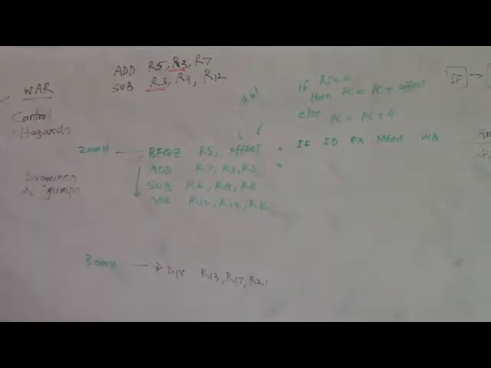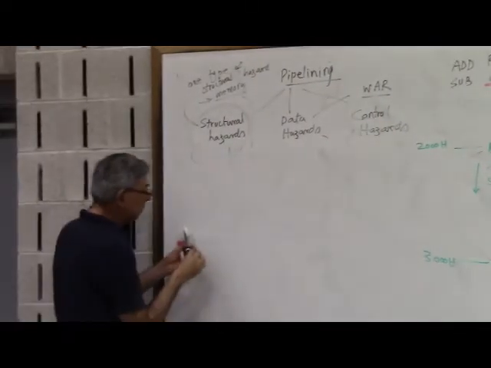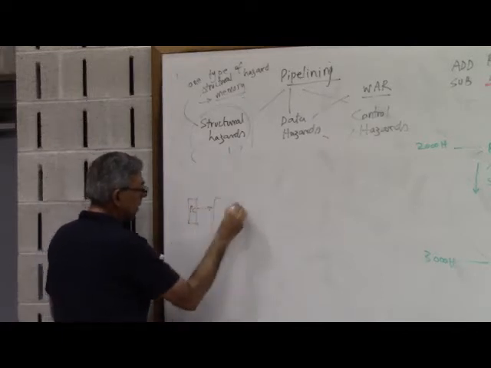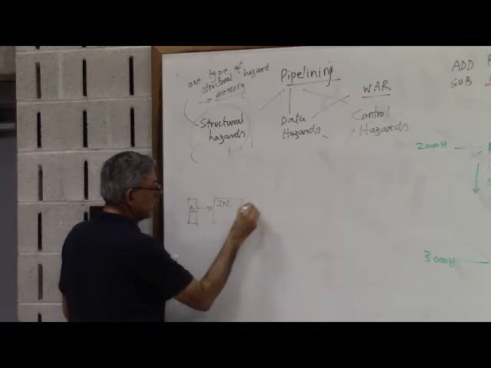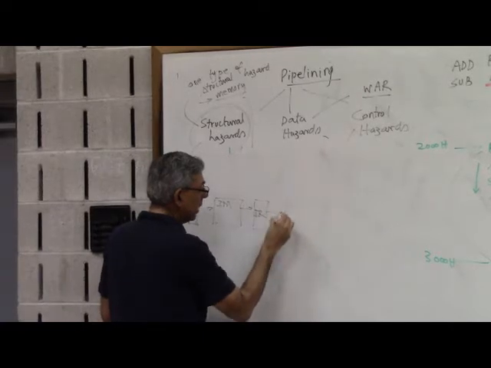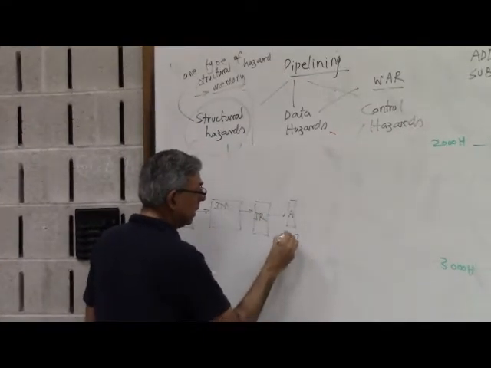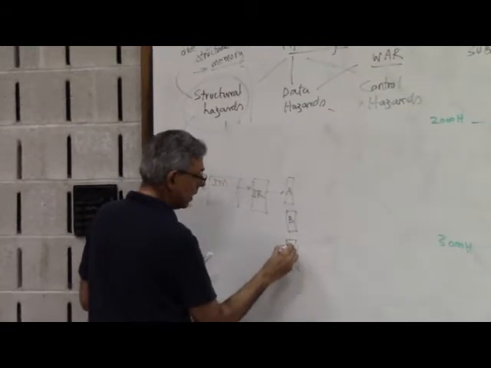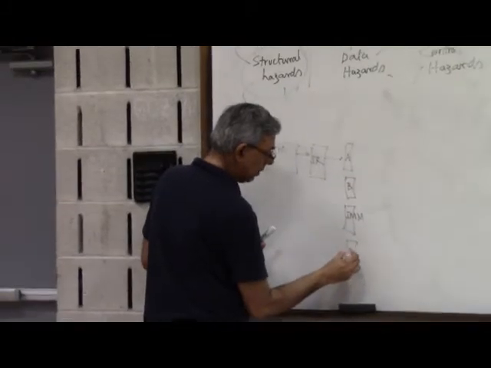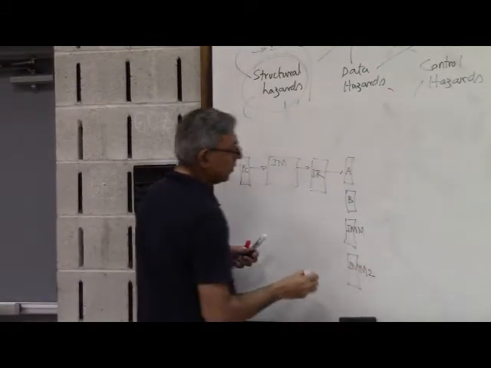Okay, so if you recall in our data path, how do we take care of the branch instructions? Let me draw a quick picture over here. So we had PC going to instruction memory, going to IR. From here, we were picking A, picking B, IMM, IMM2, right?